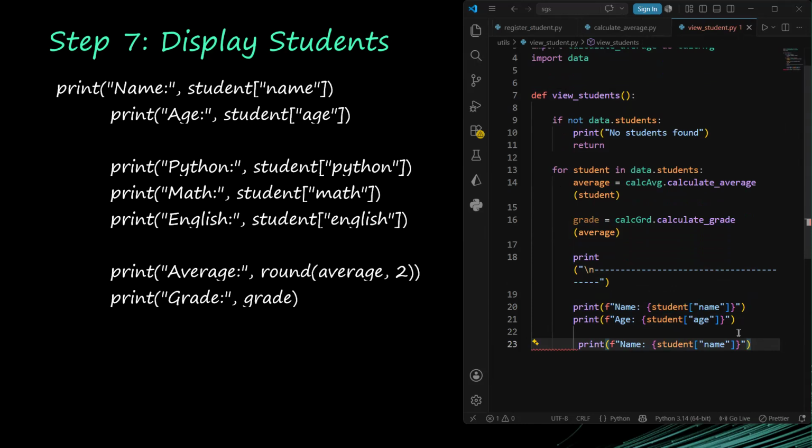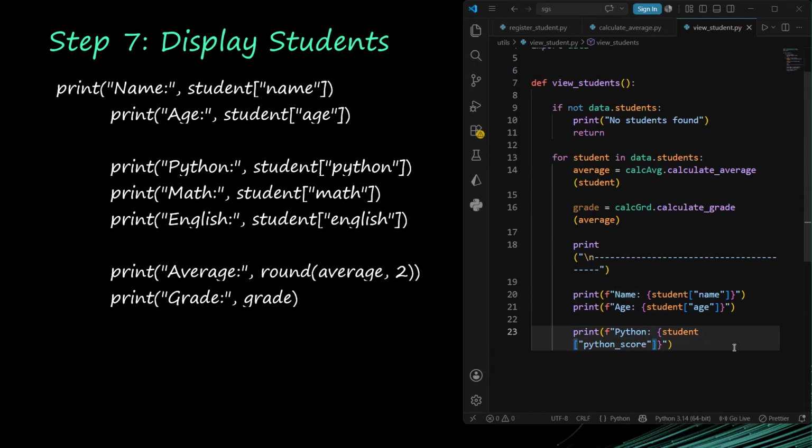So we can say Python. You can format this more; this is just for tutorial. So I am going to get the python underscore score. That's the key, remember. It's just different from what I have on my slide.